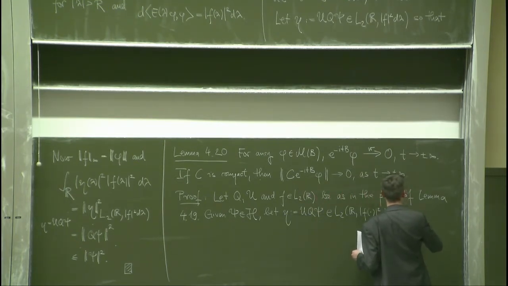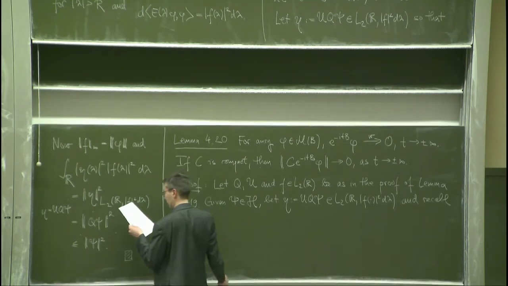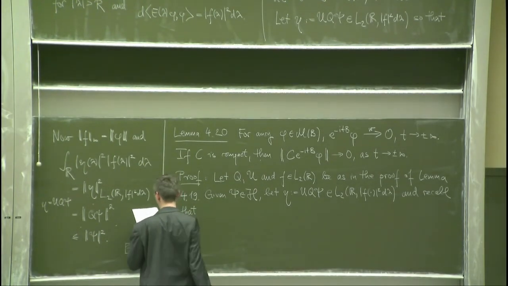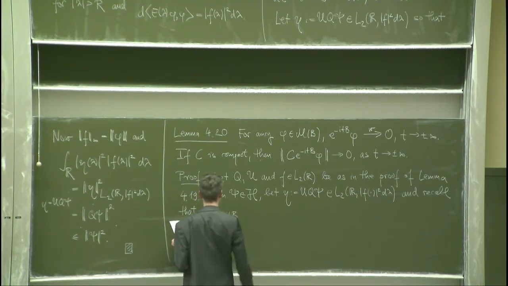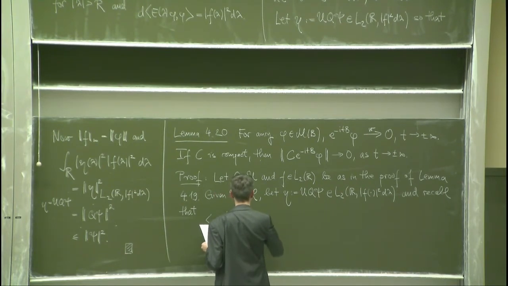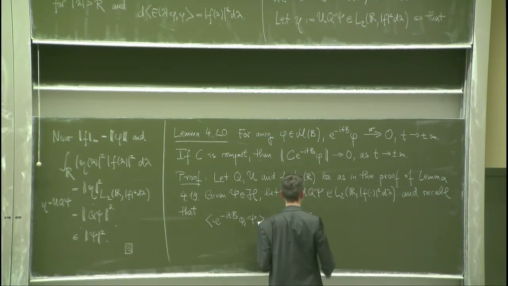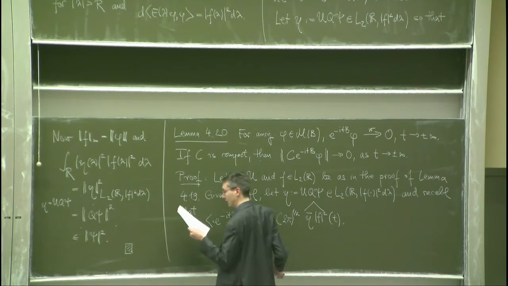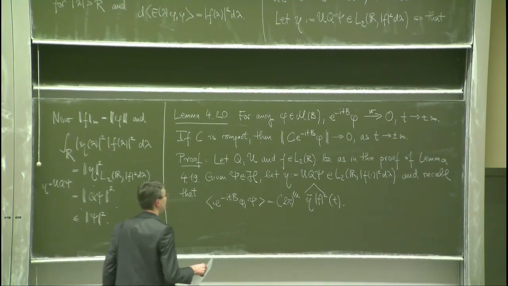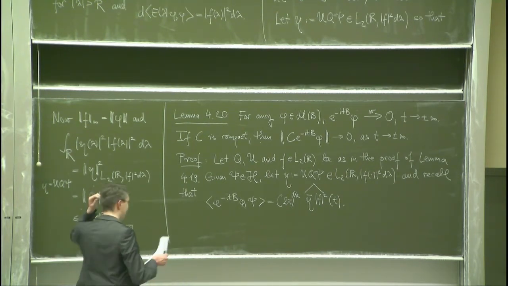And recall that we had seen that the scalar product of exponential minus ITB phi, psi was nothing but the square root of 2 pi times the Fourier transform of eta bar absolute value of f to the power of 2 as a function of t. So this is what we recall from the proof of the other lemma.